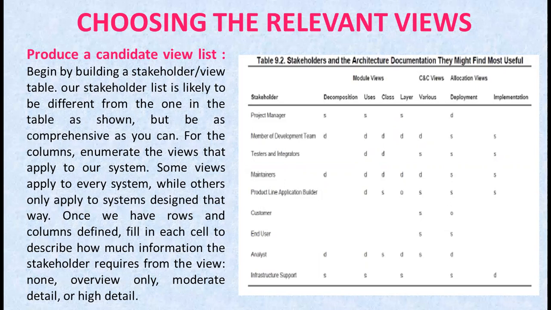Some views apply to every system, while others only apply to systems designed that way. Once we have rows and columns defined, we need to fill in each cell to describe how much information the stakeholder requires from the view: none, overview only, moderate detail, or high detail.